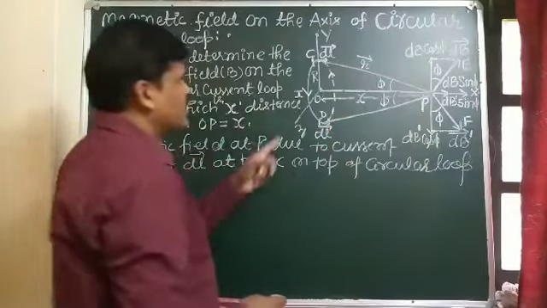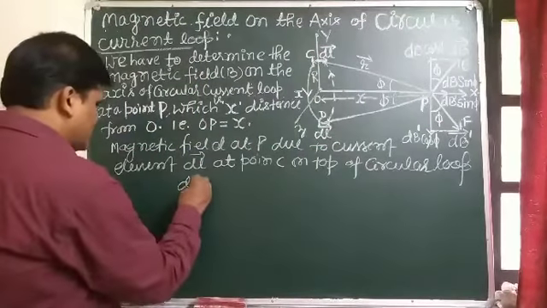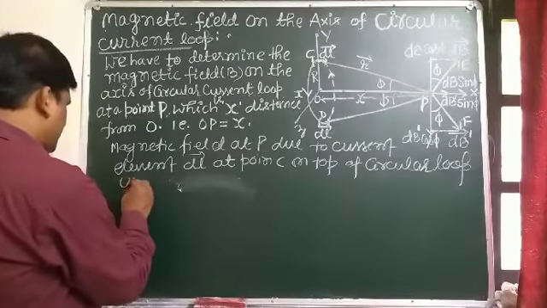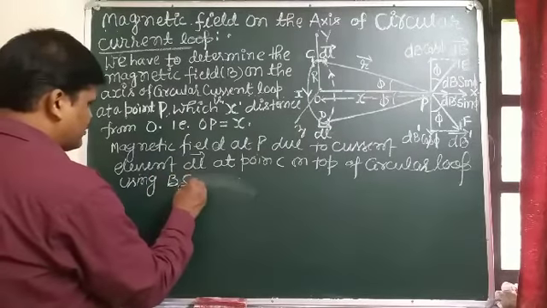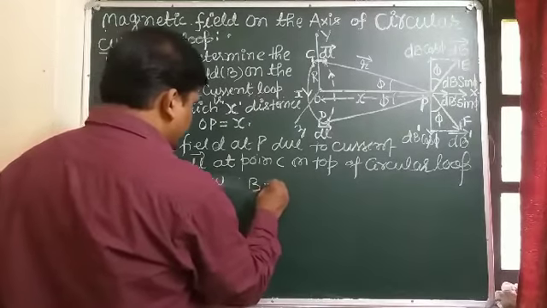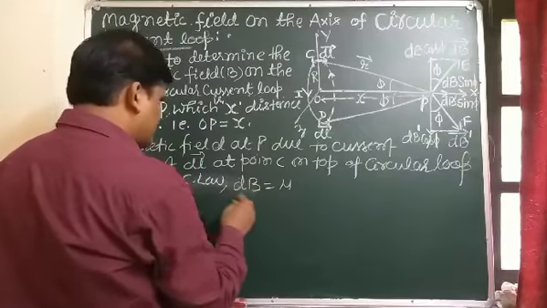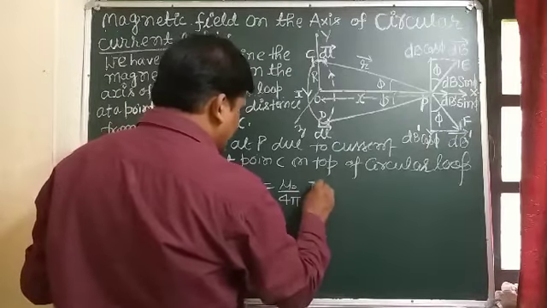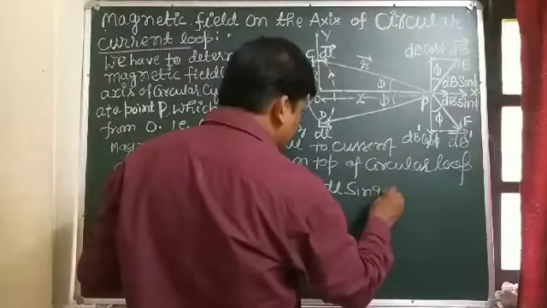Using Biot-Savart's law, the small magnetic field dB equals mu naught by 4 pi, I dl sin theta by r square.